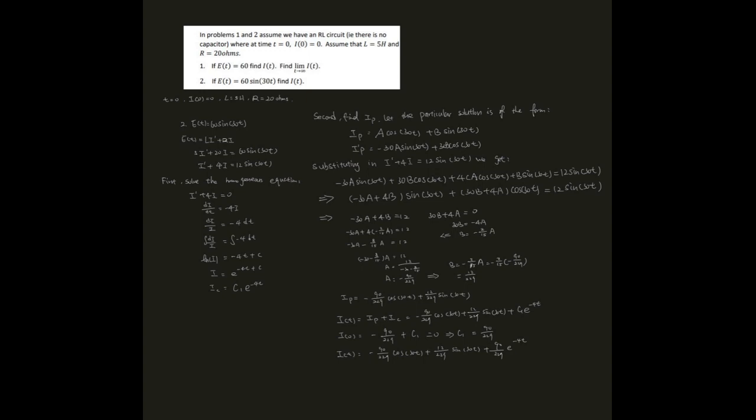Then finally i(t) is equal to negative 19 over 229 times cosine 30t plus 12 over 229 sine 30t plus 19 over 229 times e to the negative 4t. That's it. All right.